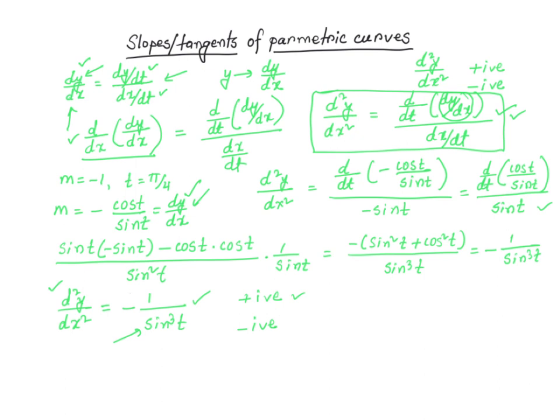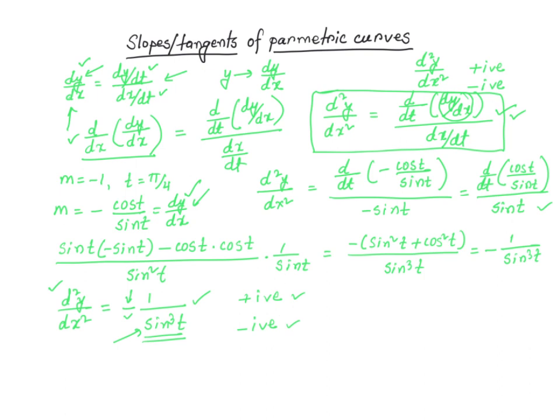Why? Because there is a negative in front. So negative and negative is going to make it positive, right? So whenever sine cube of t is negative, it's going to be concave up because the second derivative is going to be positive. On the other hand, whenever sine cube of t is positive, the second derivative, because of this negative, is going to be negative, right? So in that case, it's going to be concave down.